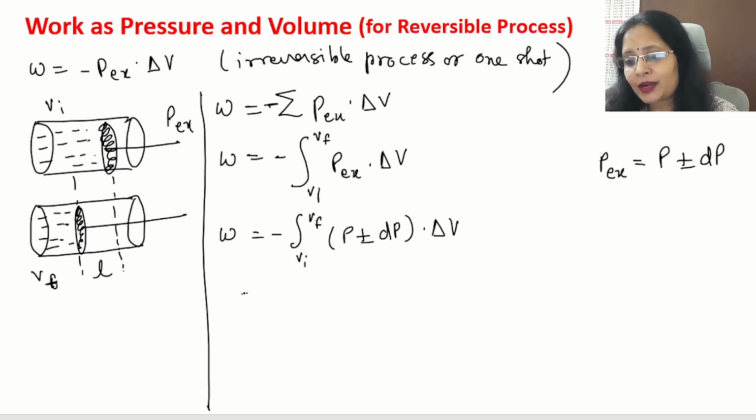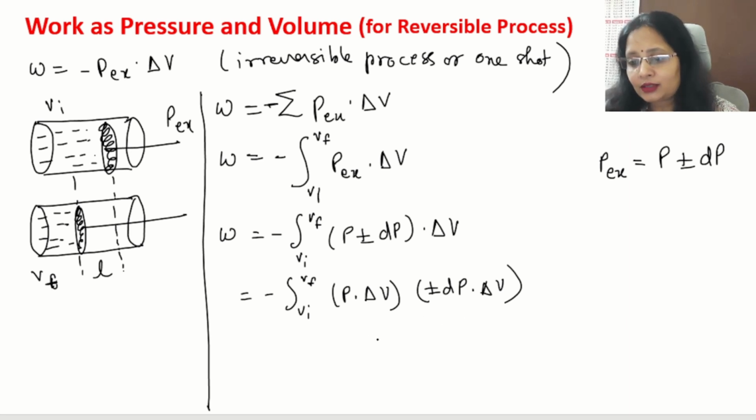Now if we expand this, what will happen? From V initial to V final, every time we will write this, it will be P delta V and plus minus dP into delta V. Now in that step, we knew that dP into dV is a very small value, so it is negligible.